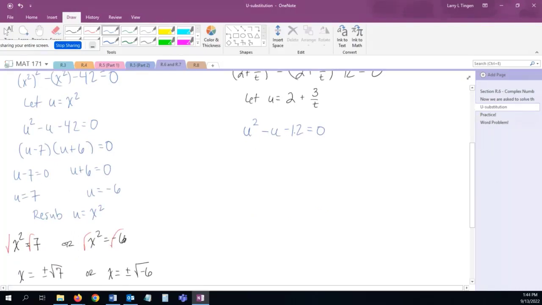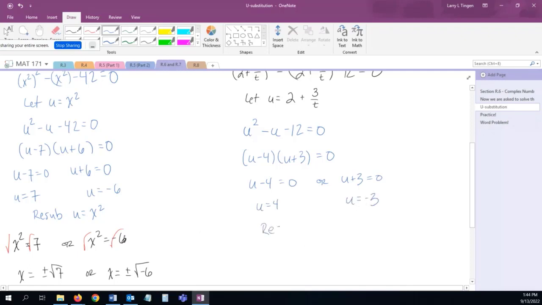They're one apart. Multiply to negative 12, add to negative 1: minus 4 plus 3. Two things multiply to 0, by the zero product principle one of them is 0. u is equal to 4. u is equal to -3.